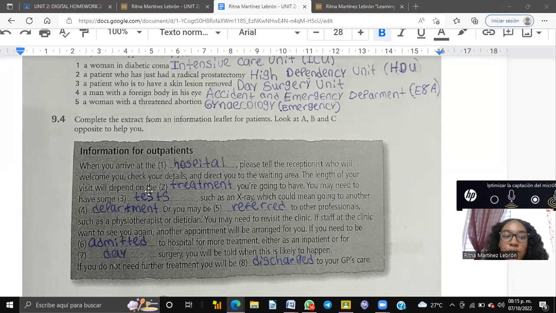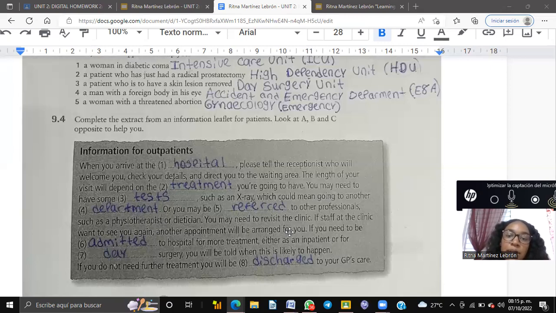The length of your visit will depend on the treatment you're going to have. You may need to have some tests such as an X-ray, which could mean going to another department, or you may be referred to other professionals such as physiotherapists or dietitians.